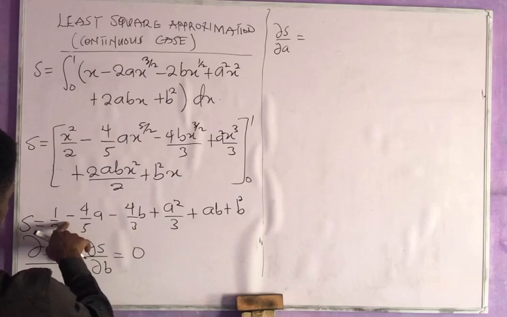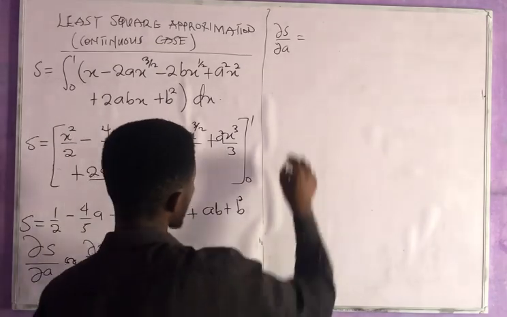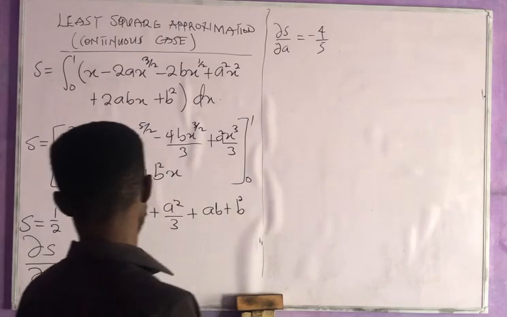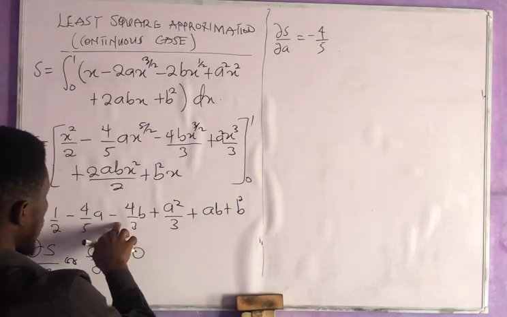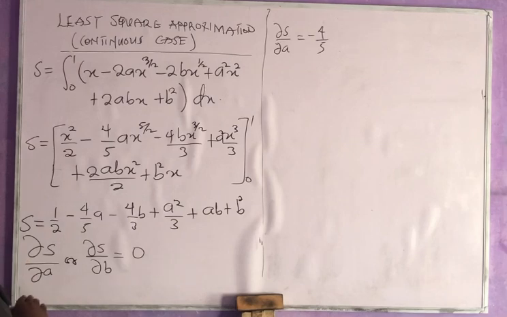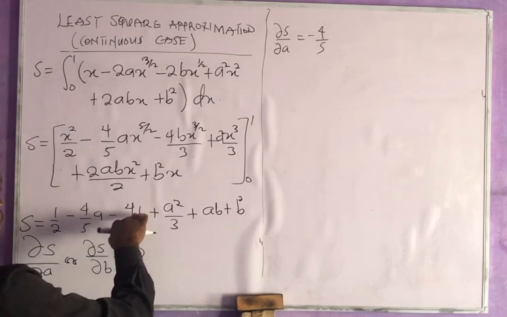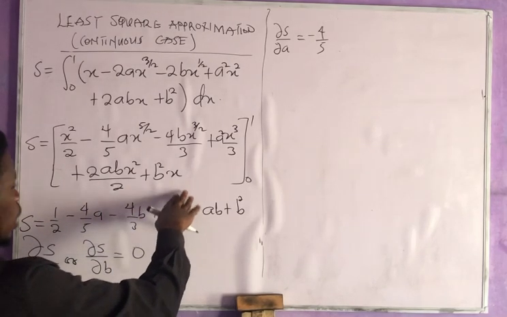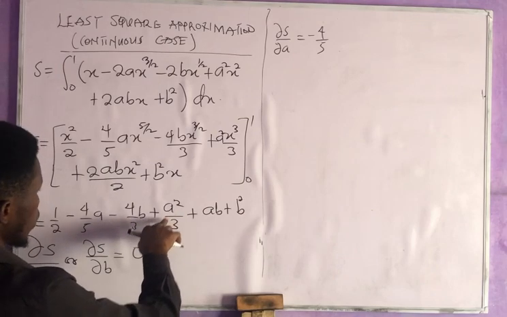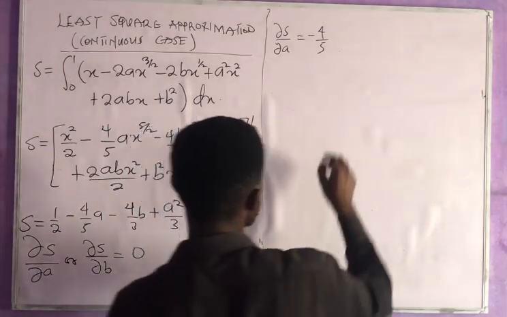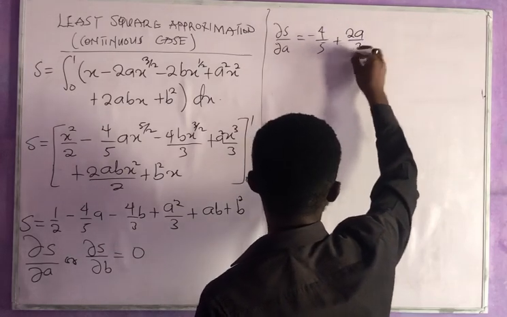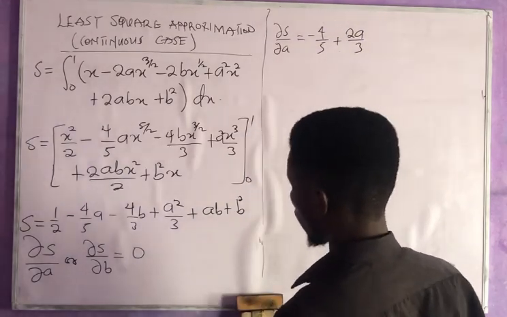So this side will give me negative 4 over 5. Then this side too, because b is constant when taken partially with a, this side also goes to 0. Now this side is a squared, so if I differentiate a squared, that will give me 2a over 3. Is that okay?